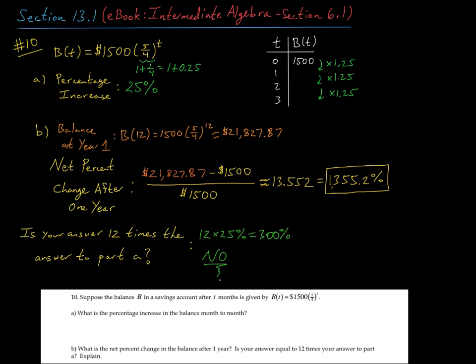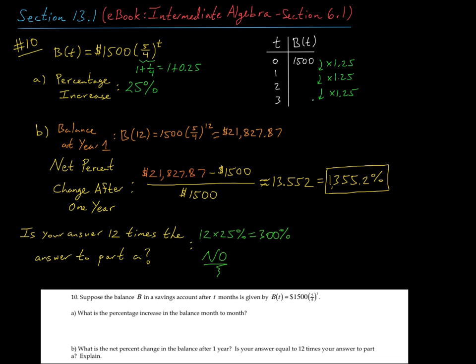And so why is it not as simple as just taking the 25% that I'm getting each month and multiplying it by the number of months, which in this case is 12? The problem with that reasoning is that as you go from month to month, we're not adding, we're multiplying. And the thing we're taking the 25% increase of is itself growing.